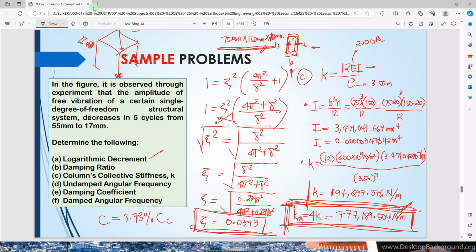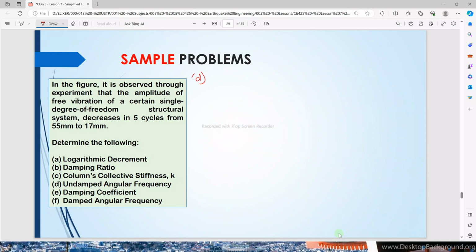So we have already our logarithmic decrement, the damping ratio, and the collective stiffness. Now we can solve for our omega, the undamped angular frequency. So our undamped angular frequency omega is just equal to the square root of the equivalent stiffness over the mass. Our equivalent stiffness is equal to 777,189.504 Newton per meter over the mass, that is equal to 1,223.242 kilograms.